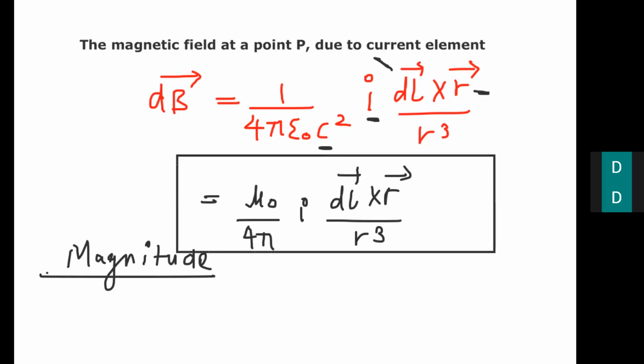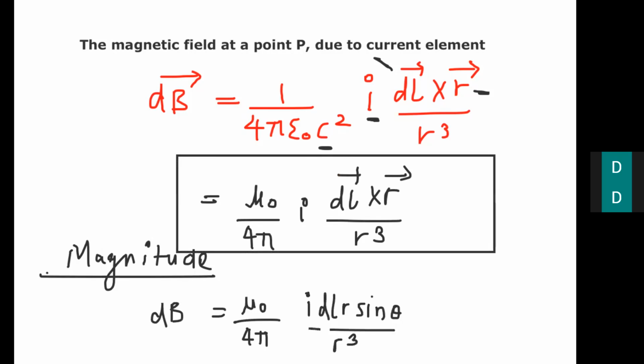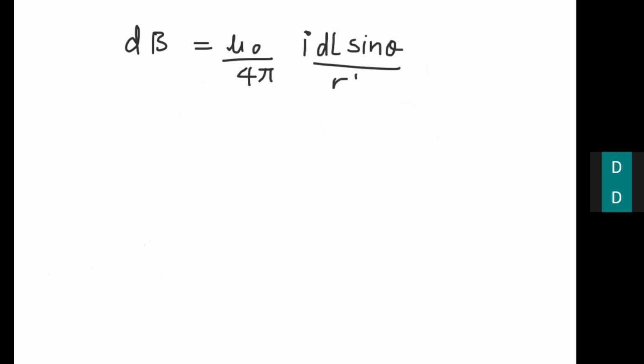So dB is equal to mu 0 upon 4 pi into I dl r sine theta upon r cube. Then r and r cube get cancelled, and so we get dB is equal to mu 0 upon 4 pi into I dl sine theta upon r square.